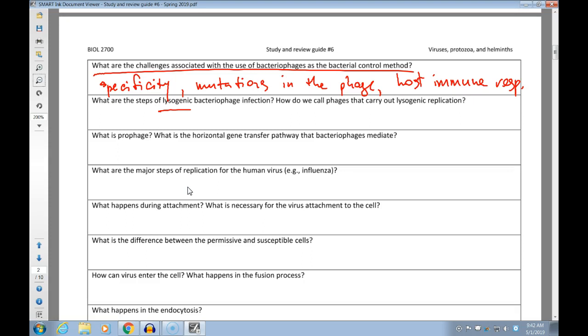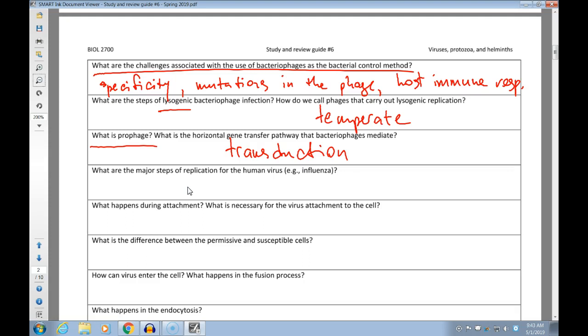Phages that carry out lysogenic replication are called temperate. Prophage, that's incorporated virus. The horizontal gene transfer pathway that bacteriophages mediate, you just need to know the term. We talked about it before, transduction. I'm not asking generalized or specialized.